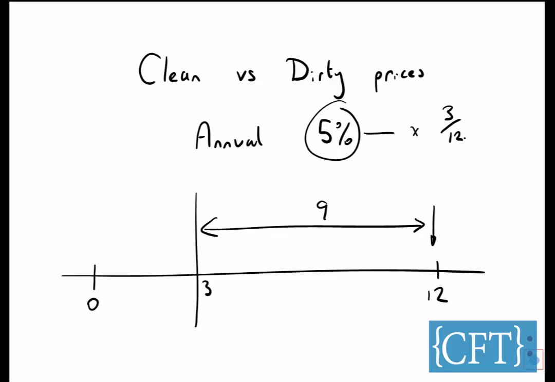So 3/12 of 5%, in this case 1.25%, of the nominal value is going to be added to the price at which you sell the bond at month 3. The price, therefore, at which we trade the bonds is the one that includes this interest that has built up. Now, the phrase used for this is accrued interest.